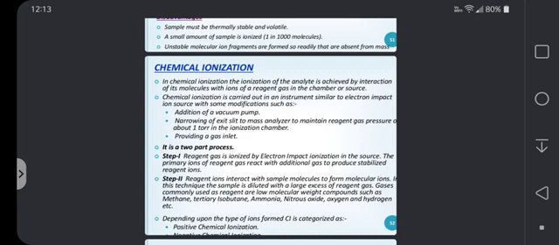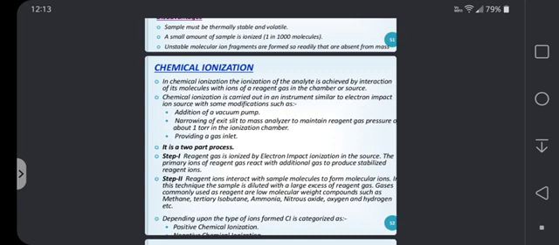In this technique, the sample is diluted with a large excess of reagent gas. Gases commonly used as reagent are low molecular weight compounds such as methane, isobutane, ammonia, nitrous oxide, oxygen, and hydrogen, etc.